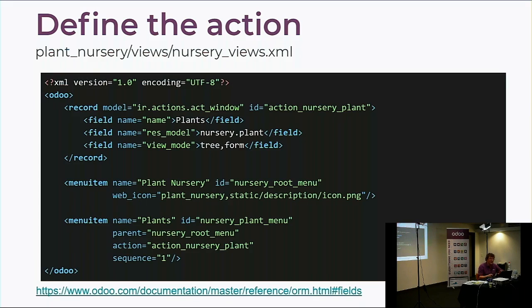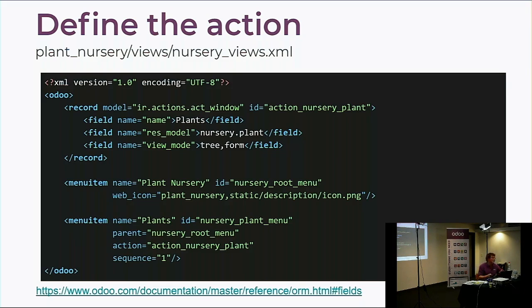So we define an action that should display all the nursery plants in a list view here. And we also link a form view. It means that if you click on one element of the list view, it should open the related form view to edit the record.